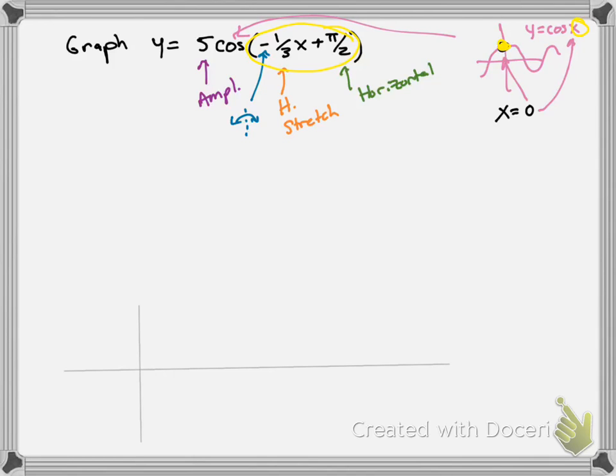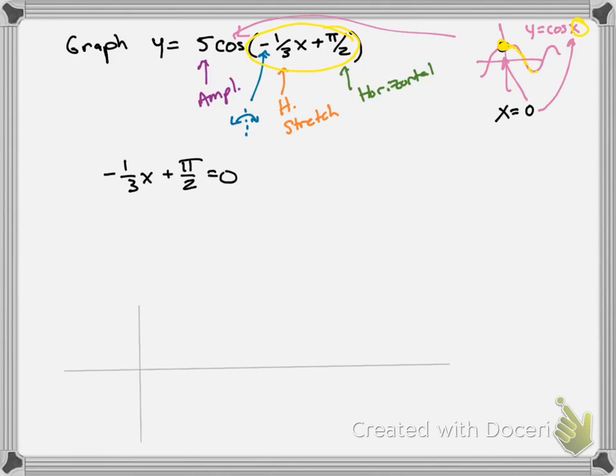I'm going to get the point that I'm used to, and then I can kind of trace my graph from there. So the question becomes, where is that point? What would make all of that stuff in that yellow circle become 0?